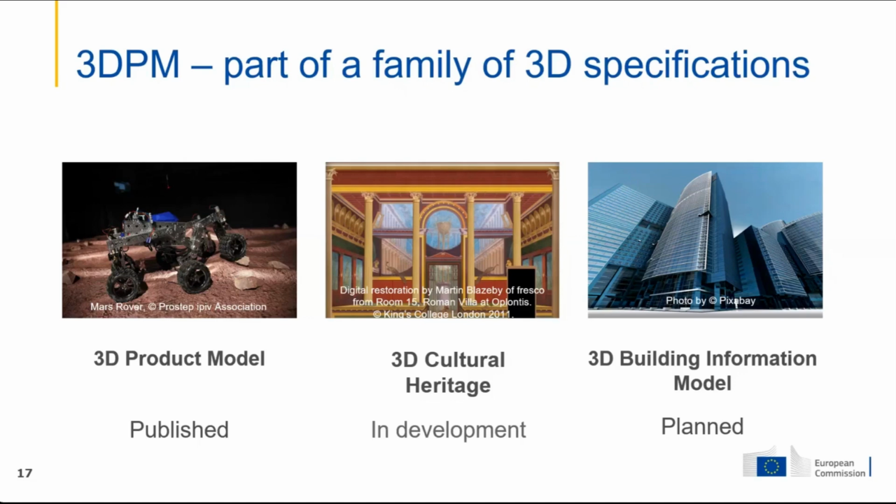We would hope to have that specification available for review sometime this year, so it should get opened for review and published probably in this calendar year. What we also hope to do is to start on the third member of the family, which is on 3D building information models. That follows existing BIM standards and will be concerned with construction and architecture. So that is planned.